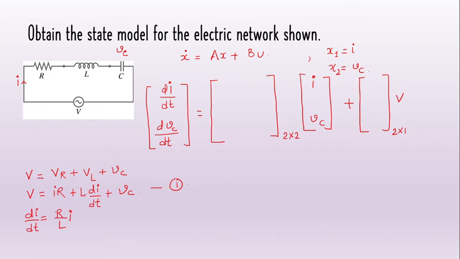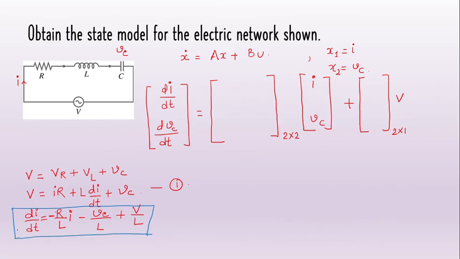And then if we take the value of VC, it will be minus VC by L, okay. And it will be plus V by L. So I have arranged it in this form. So this will be the required equation.